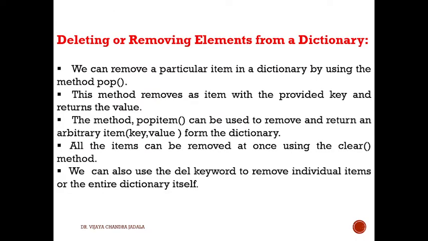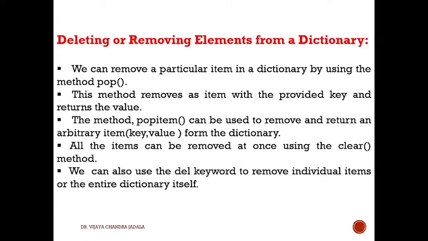Next, deleting or removing elements from a dictionary. We can remove a particular item in a dictionary by using the method pop. The method removes an item with the provided key and returns the value.